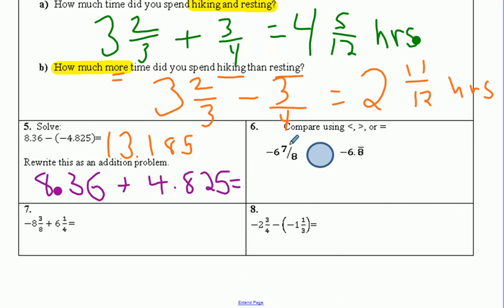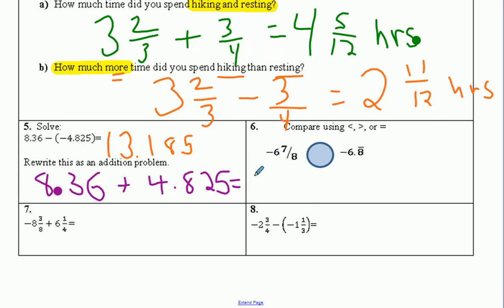Okay, next one. I'm going to compare these two rational numbers. I can't do it until they look the same. So in order to do that, I'm going to put -6 and 7/8 in my calculator, and I want to make that a decimal. So I really just need to make the 7/8 part a decimal, because I know what 6 as a whole number is going to be.